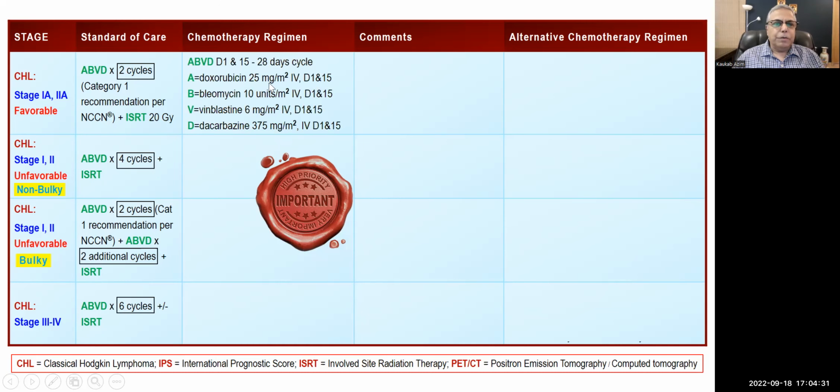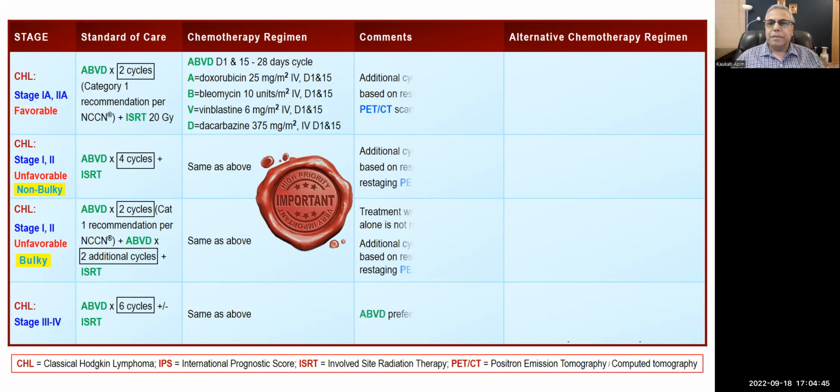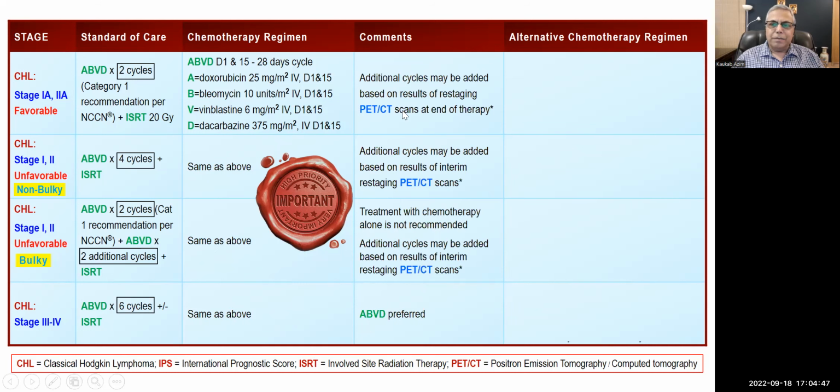And I've given you doses over here, but I don't expect you to memorize the doses. If you memorize them, it's good. Otherwise, you can keep them for your internship or your rotations. Same as above, then comments: additional cycle may be added based on results of restaging and PET-CT scanning.